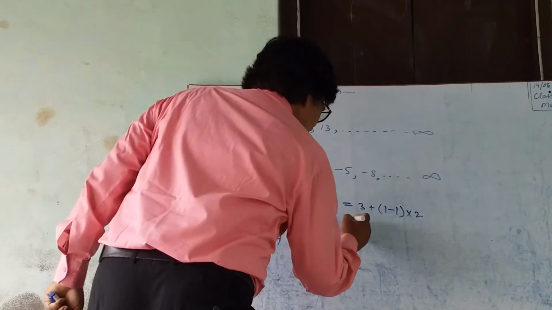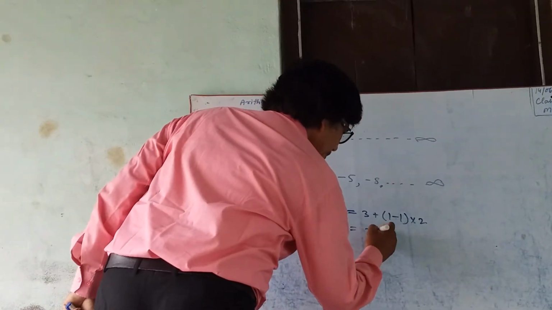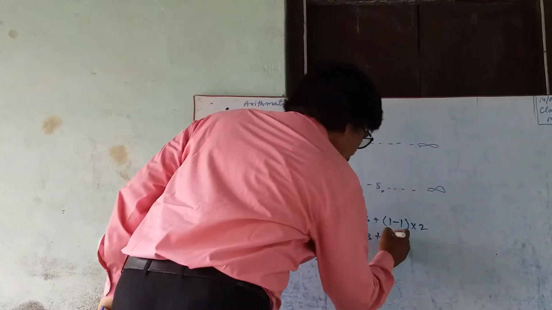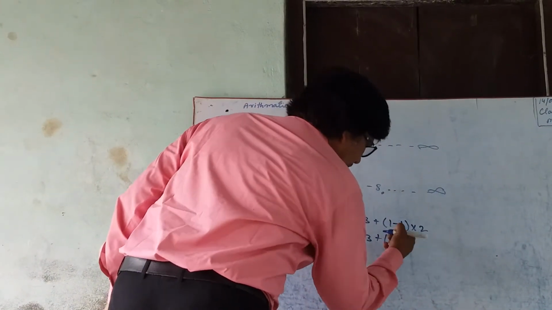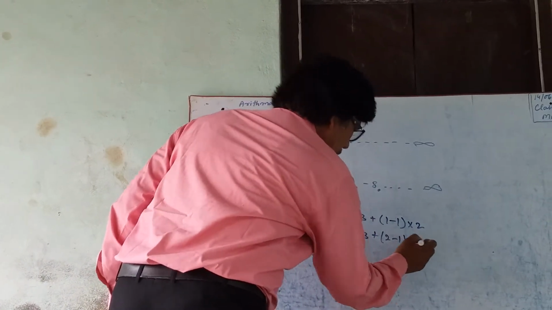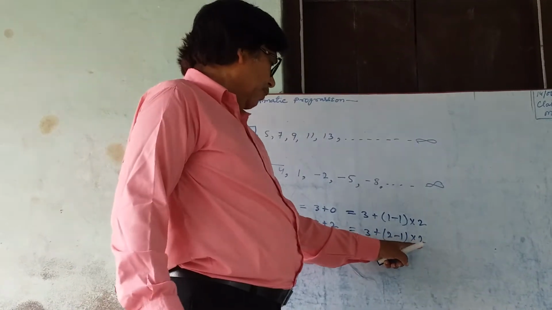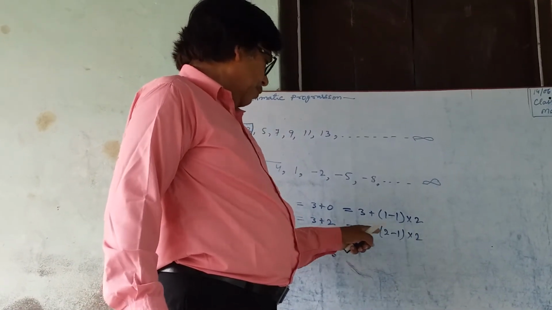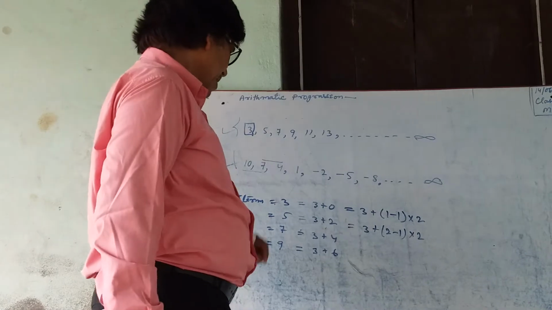Second term: 3 plus, second means 2, 2 minus 1, always subtract 1, into 2. What will you get? 1 into 2 is 2, plus 3, you will get 5.